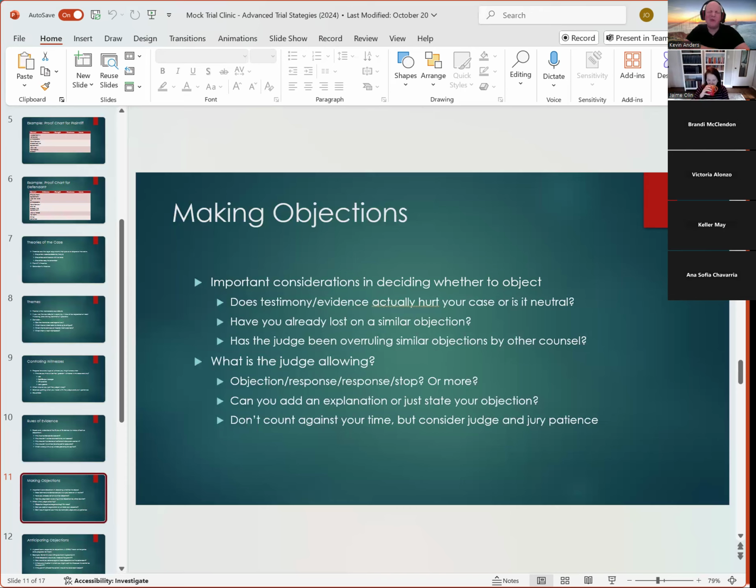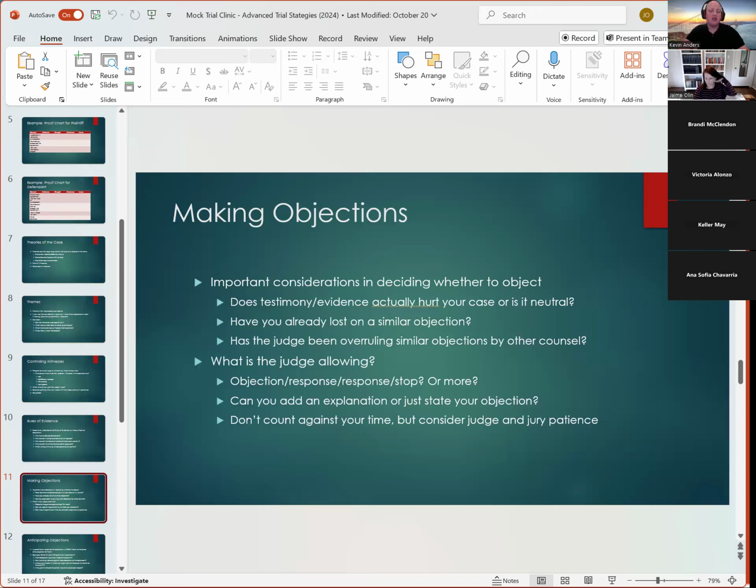When I'm a presiding judge, the format's pretty standard: objection, state why, I'll give the other side a chance to respond, then I'll go back to you, and then I'll rule. That's what the judges are instructed to do in our judges training, because we want to move the trial along.